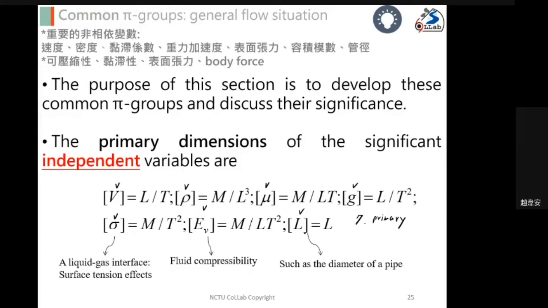The diameter is a very important parameter for a pipe. And the gravity controls the body force from the gravity force. And the viscosity is a good parameter to better understand the viscosity effect. We also have the density and the velocity.